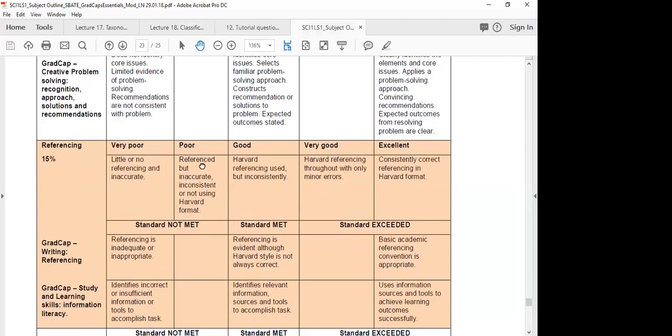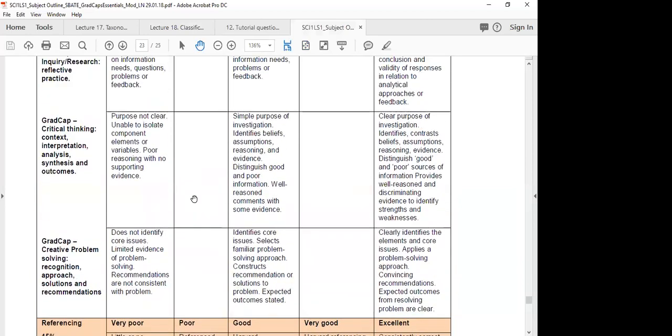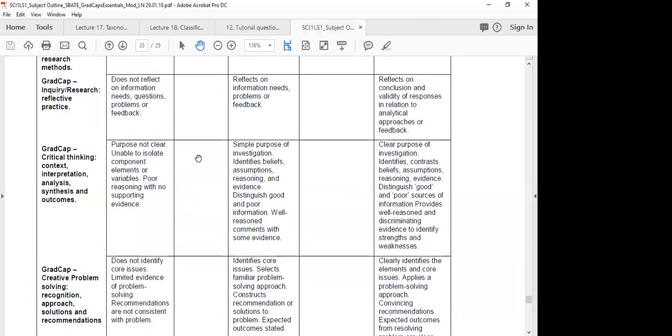What you'll find as you progress through the course is that there are a couple of subjects in second year that have grad caps incorporated into the assessment, and also in third year as well. The same grad caps, but different levels of competency, you could say.